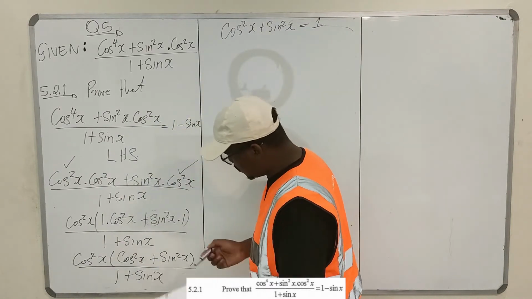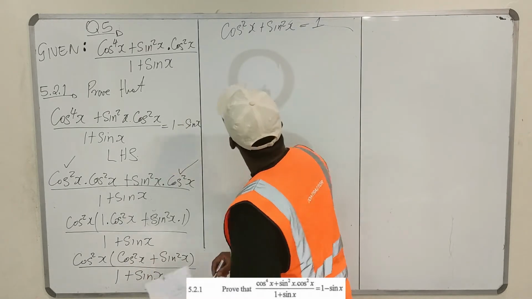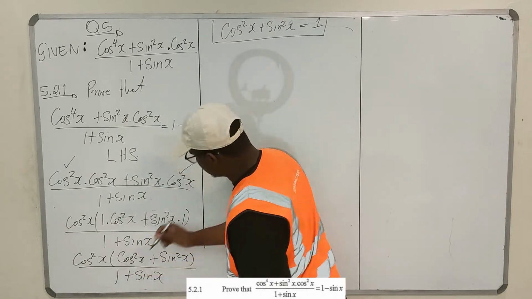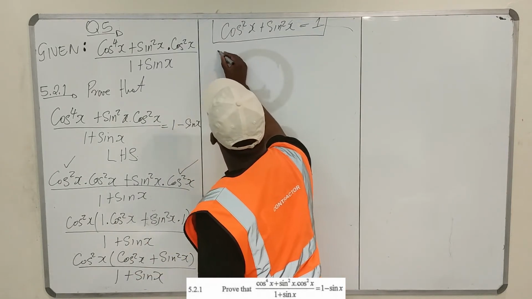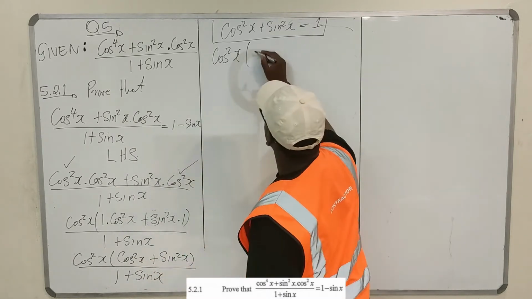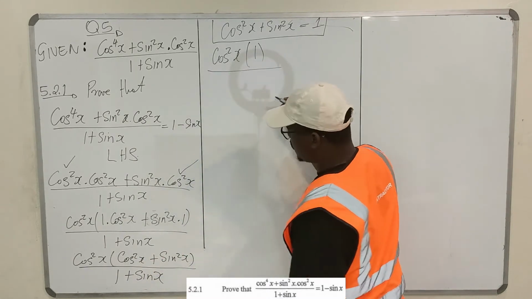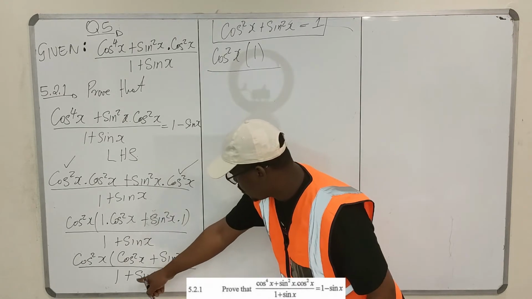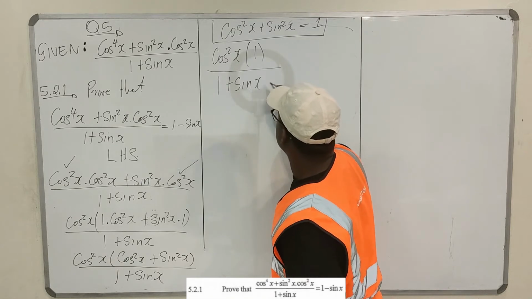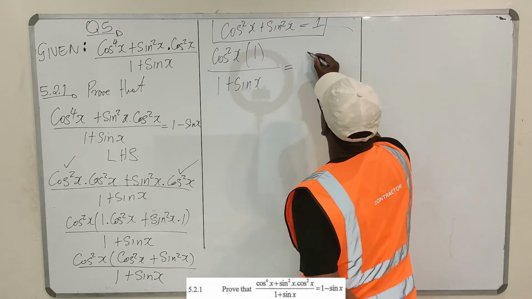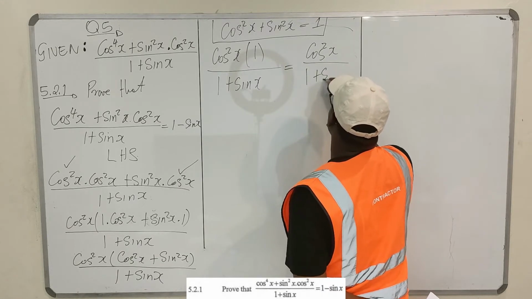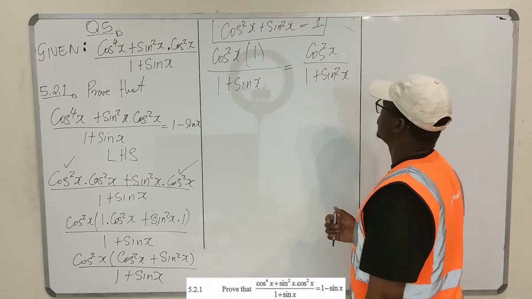So if I continue with this, I have cos squared x times what is inside here, which is 1, all divided by 1 plus sine x, which is equal to cos squared x over 1 plus sine x.